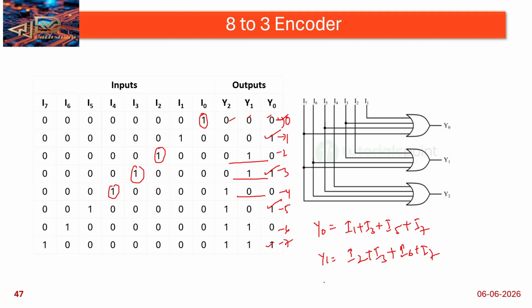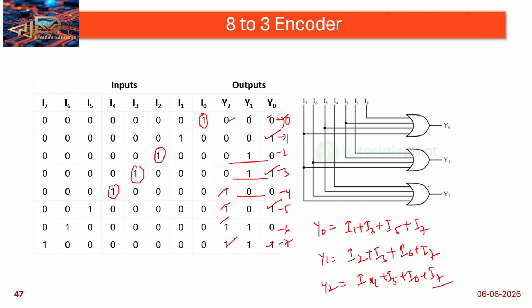Okay, and then Y2, where we are getting the continuous ones at 4, 5, 6, 7: I4 plus I5 plus I6 plus I7. So these are the output equations.